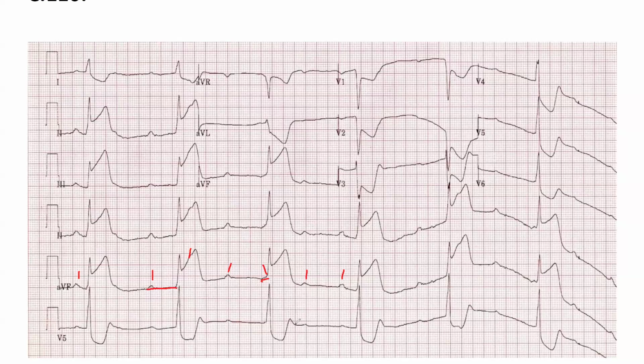Is there a left axis deviation? No. Don't talk about axis yet. You started with the P wave, and we said that there are P waves, but the atrial rhythm is independent from the ventricular rhythm.